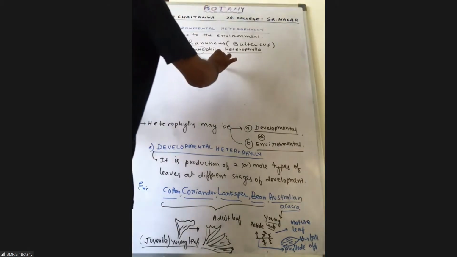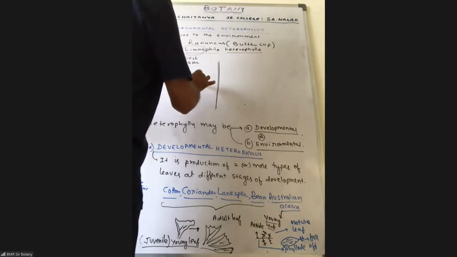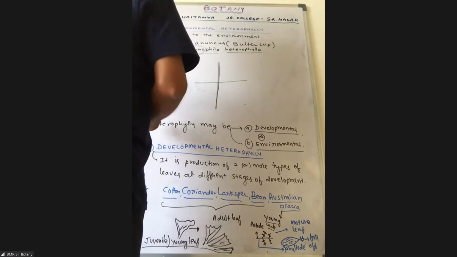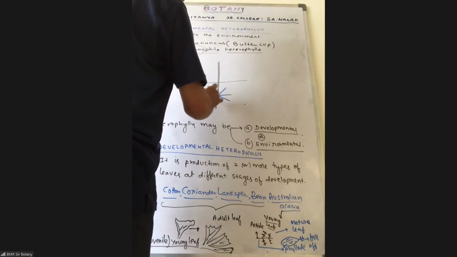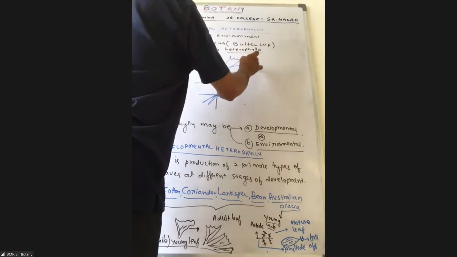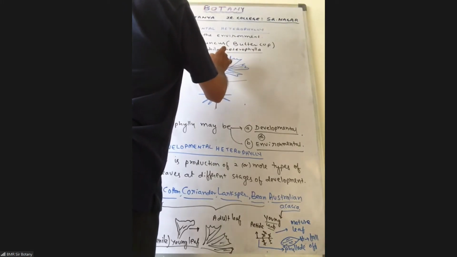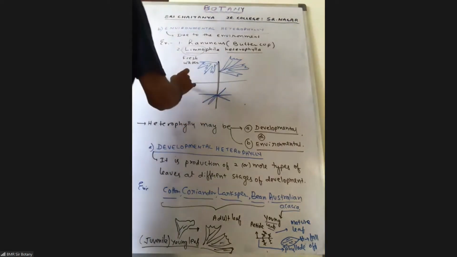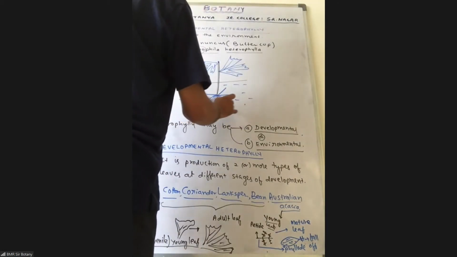In them, the submerged part of the stem produces leaves with dissected lamina like this. Aerial leaves are normal.